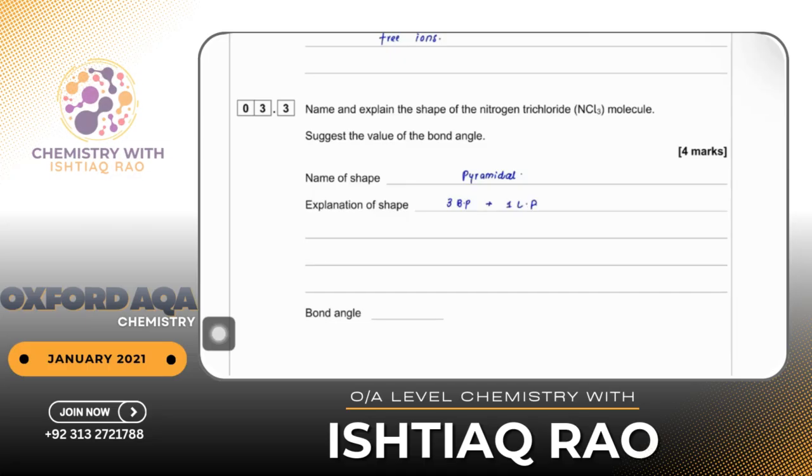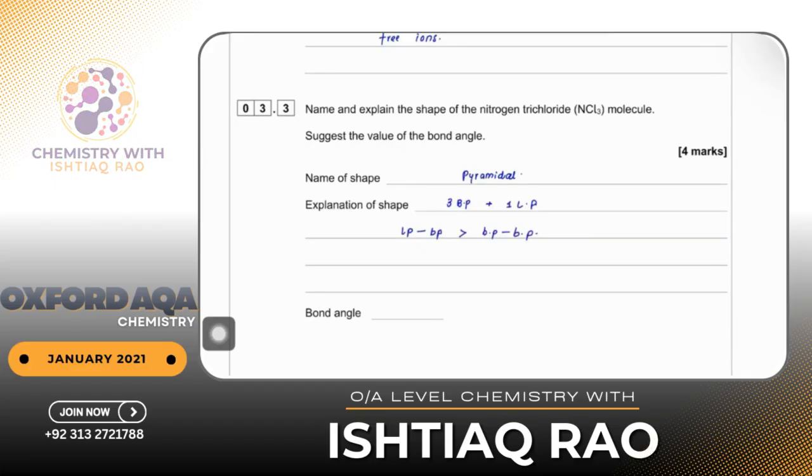Is there supposed to be some more to the explanation, because it's 4 marks, right? Yeah, exactly. So we can say that there is a repulsion between the bond pair and lone pair. The compound is more stable when there is less repulsion. The repulsion between the lone pair and bond pair is greater than the repulsion between the bond pair and bond pair.